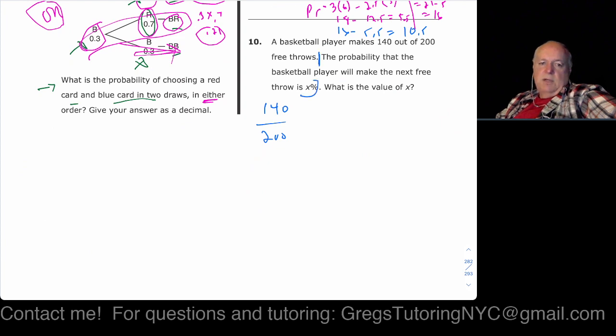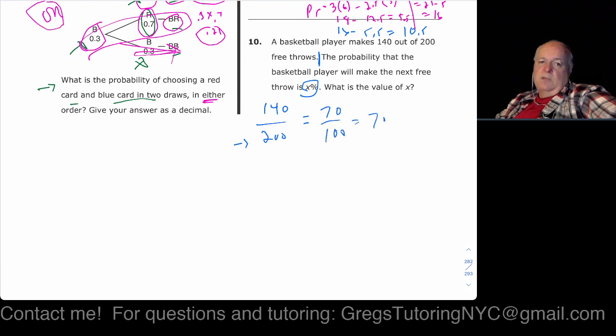So what we're trying to do is take the theoretical probability, which is the 140 over the 200, and make it into a percent, because the next free throw is going to follow that same 140 out of a 200. I noticed that a percent is going to be 100, so I'm just going to divide the numerator by 2 and get 70, and divide the denominator by 2 and get 100. So this is equal to 70%.